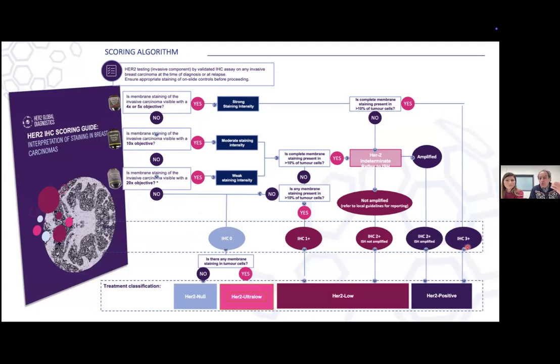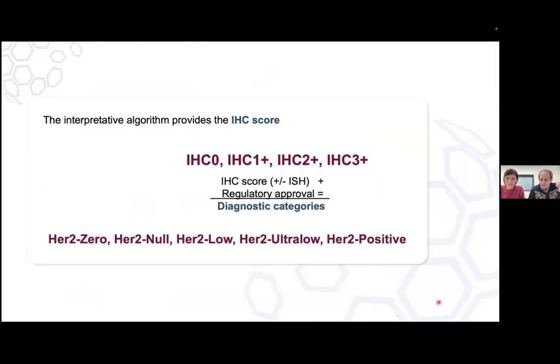The IHC score is not the clinical diagnosis. Then the clinical diagnosis will be an elaboration of what the regulatory approval is for that particular indication. And at the moment, we think that we should identify the null, no expression whatsoever, the ultra low, a little bit of expression, but not as much as 10%, the low, this is 10% or less, or the positive.